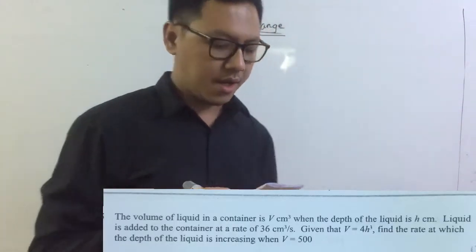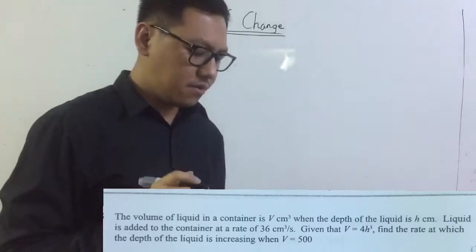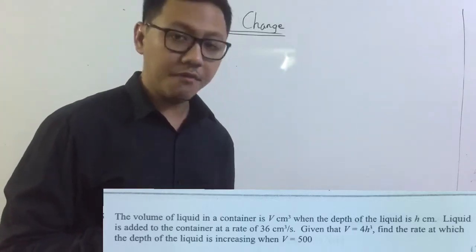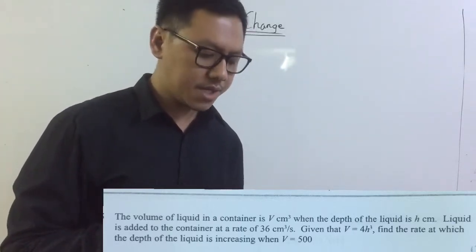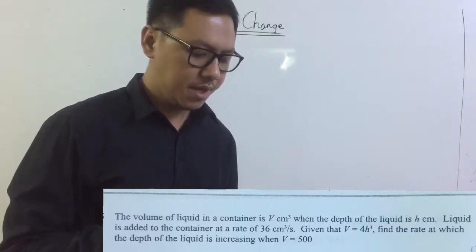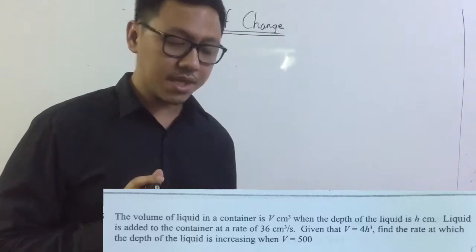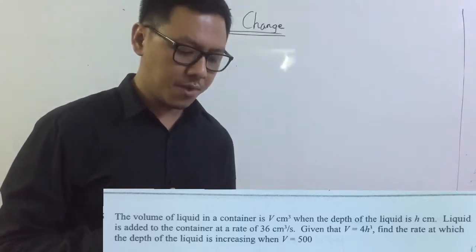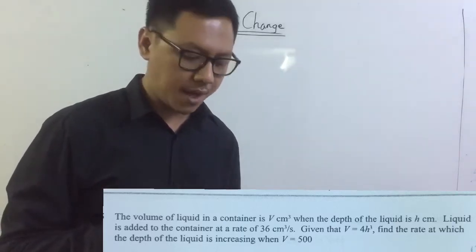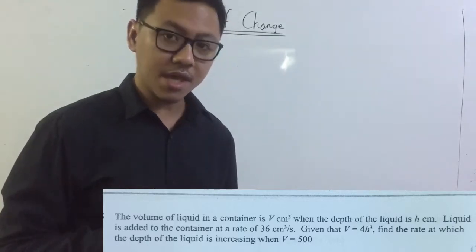The first example I want to explain is: the volume of a liquid in a container is V cm³ when the depth of liquid is h centimeters. The liquid is added to the container at a rate of, they say rate, right? Rate of what? Rate of volume or rate of area? Let's see, 36 cm³ per second.